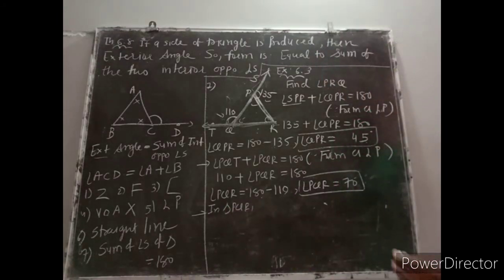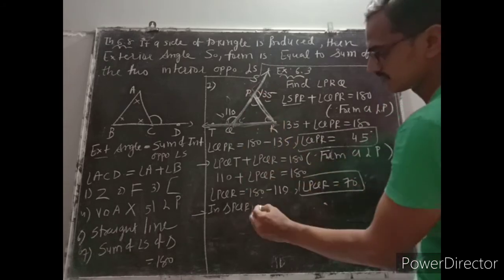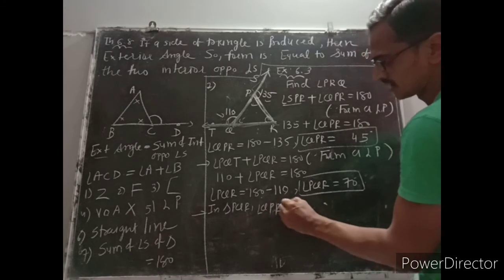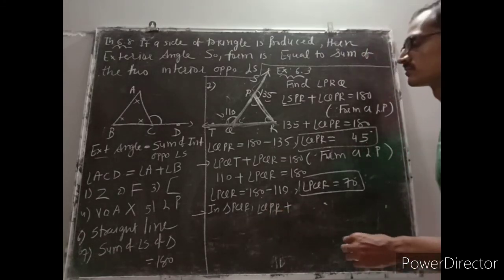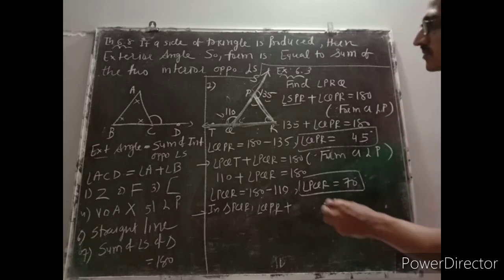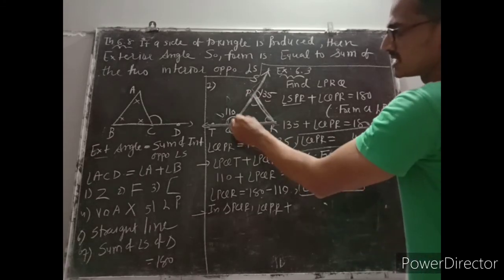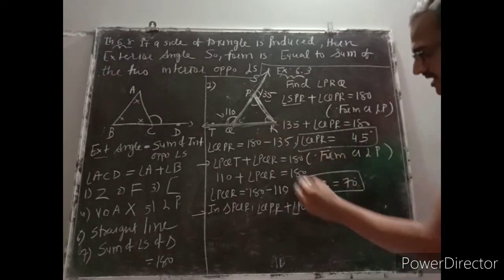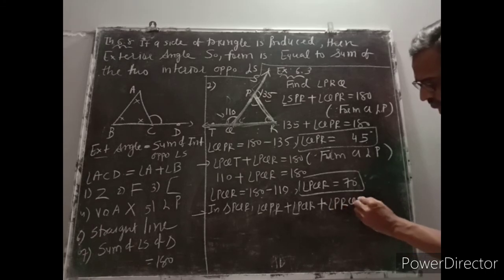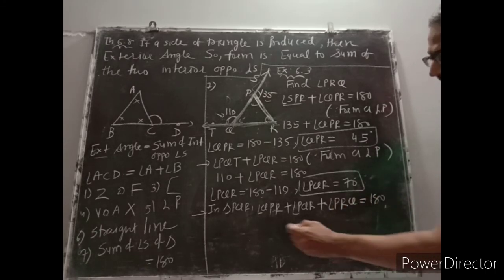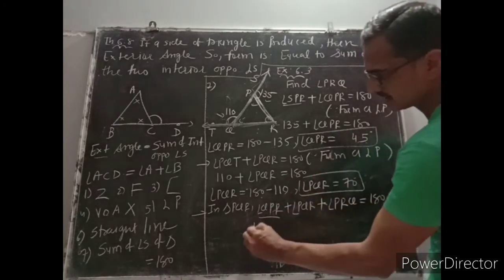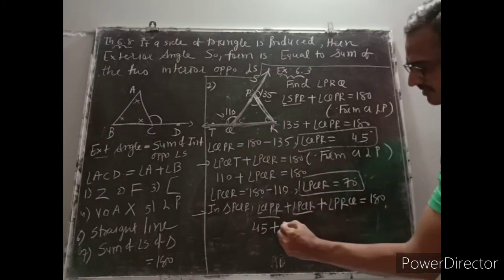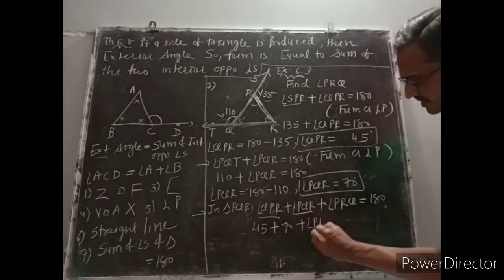In triangle PQR, the name of this angle QPR plus the name of this angle PQR plus the name of this angle PRQ is 180 degree. QPR we have found is 45, PQR 70 and PRQ we want.